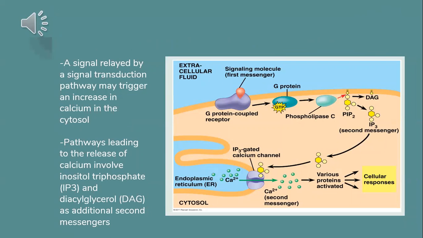A signal relayed by a signal transduction pathway may trigger an increase in calcium in the cytosol, leading to the release of inositol triphosphate (IP3) and diacylglycerol (DAG) as additional second messengers.